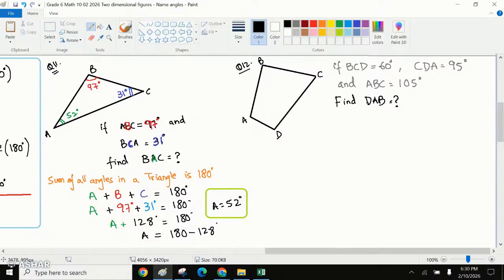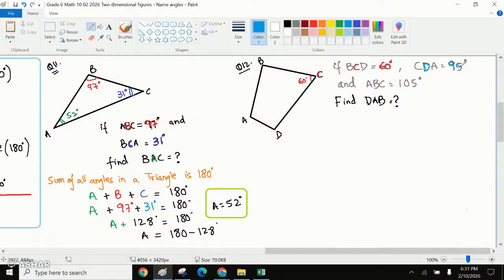So as per the given question, we know that the angle C would be 60, right? Because it's in the middle. C is 60. What about the next angle? D is given to us also.